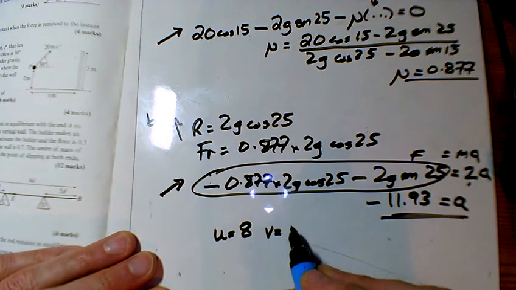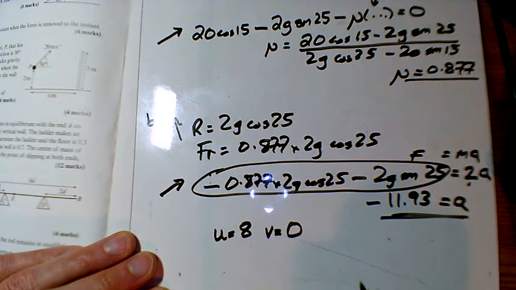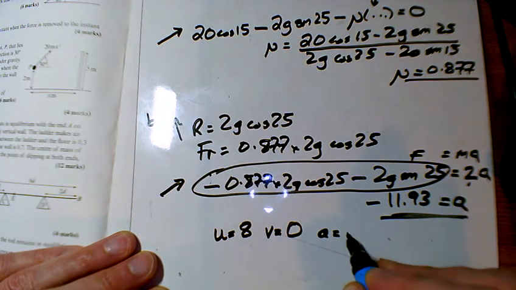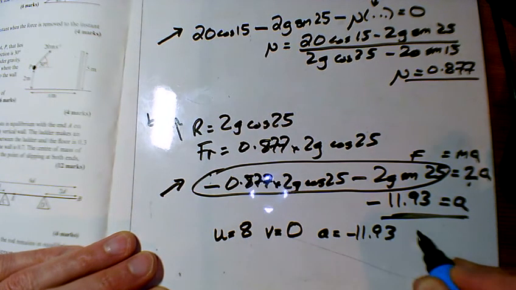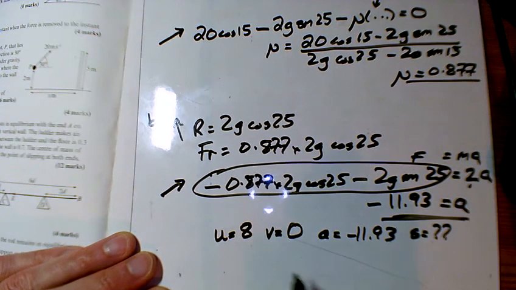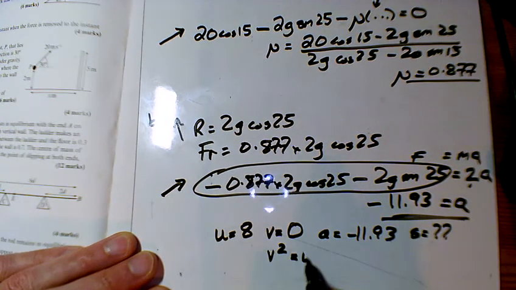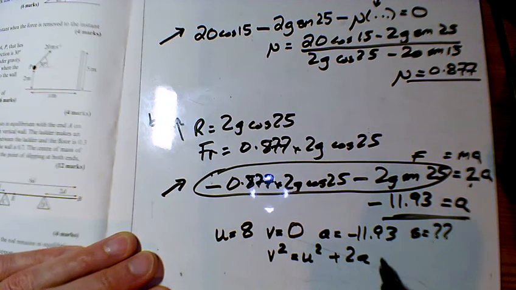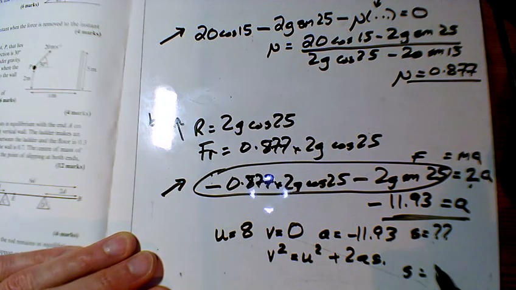When it stops moving, we're going to have a V of 0. I've got an A of minus 11.93 and I want to find S. So that's going to be V squared equals U squared plus 2AS. Just working that out, I'm getting 2.68 meters.